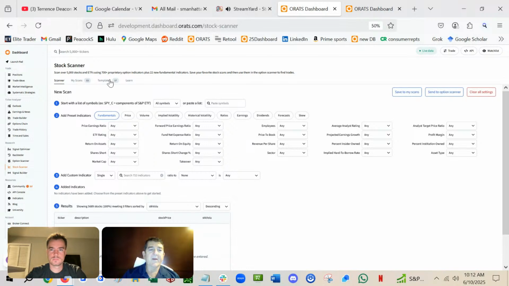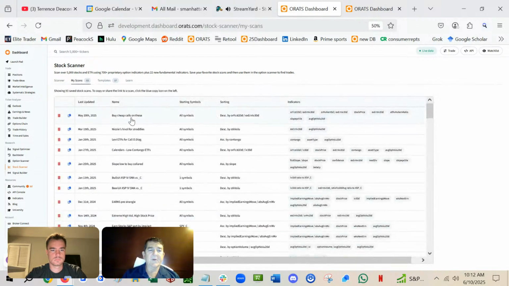We have templates, but we also have scans that I've saved. So what you'll want to do is buy cheap calls on these, and one of the criteria is ORATS forecast divided by earnings implied volatility, which you'll want to put in there.